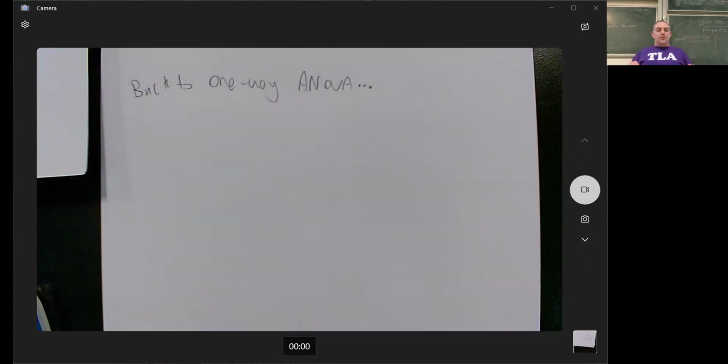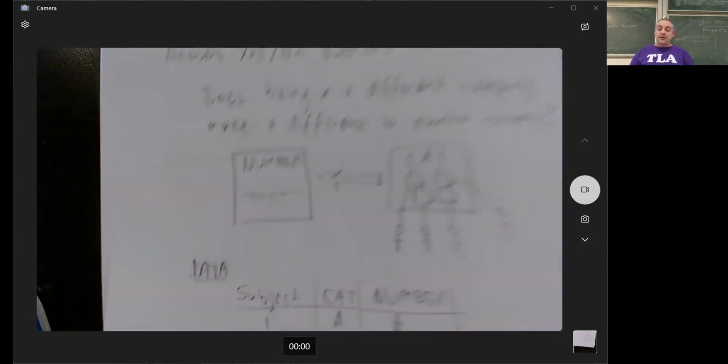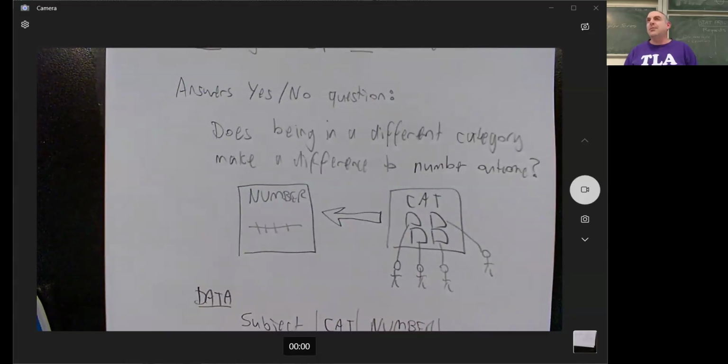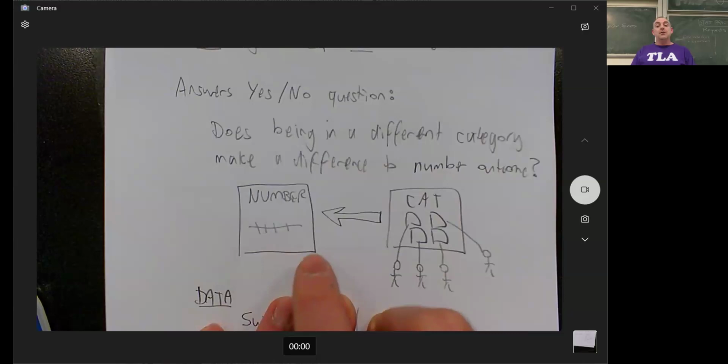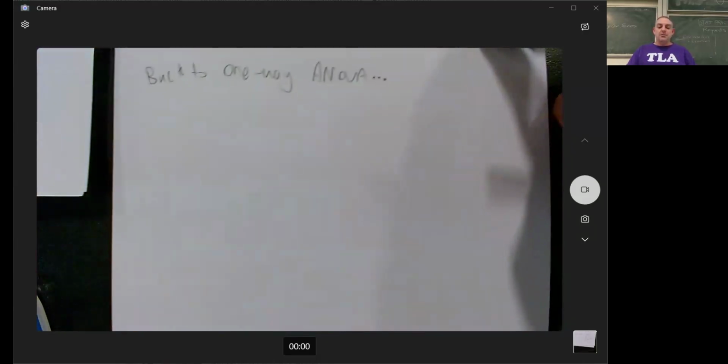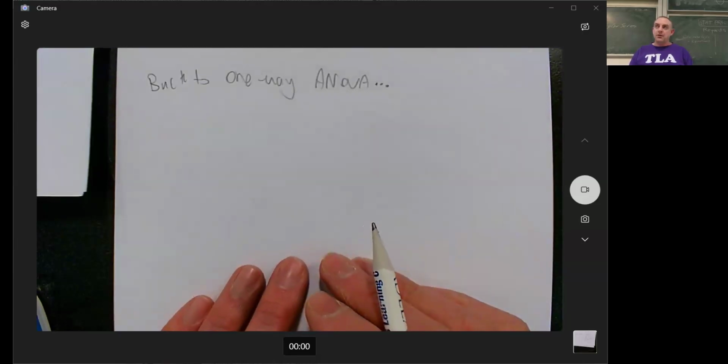But back to one-way ANOVA, statistics is not very good at answering questions like this. It tends to answer questions about parameters, about unknown numbers that describe a population. And so if you want to do a hypothesis test on a question that concerns data, you actually have to ask the question about the proper numbers that are involved.